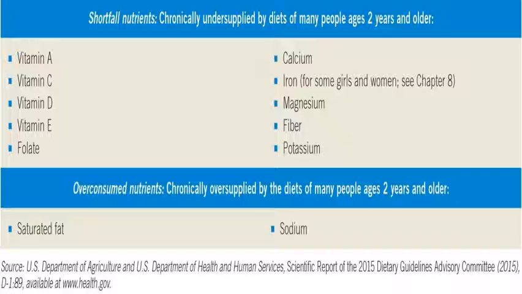Calcium is also another one. Iron, especially for girls and women, especially during the reproductive years. Magnesium, fiber, and potassium. Americans tend to overconsume these nutrients, especially ages 2 and older: saturated fat and sodium.